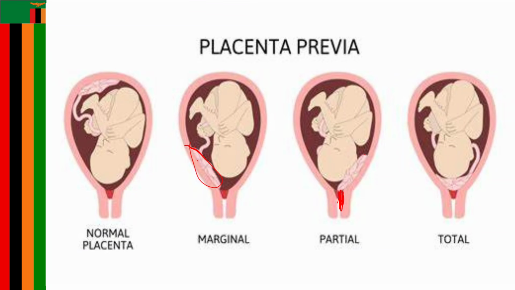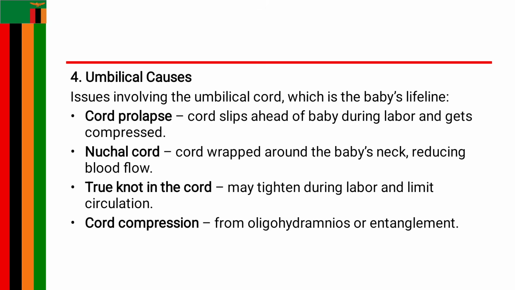Okay, other causes, we also have what is known as umbilical cord prolapse, where the cord slips ahead of the baby during labor and gets compressed. This will deprive the baby of enough oxygen. A nuchal cord, this is where the cord is wrapped around the baby's neck, reducing blood flow.